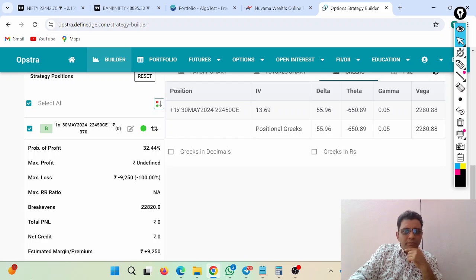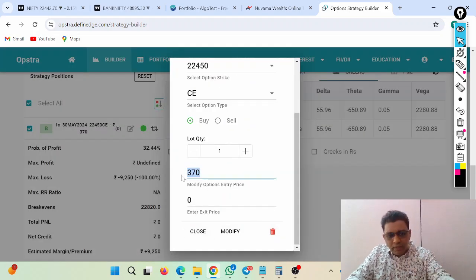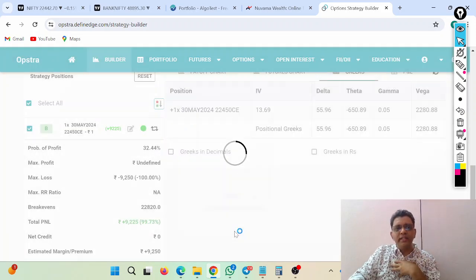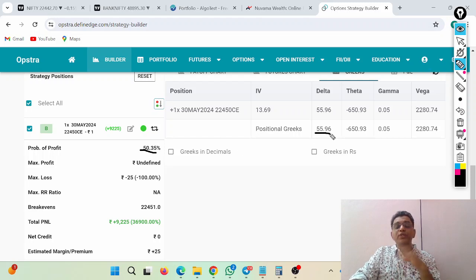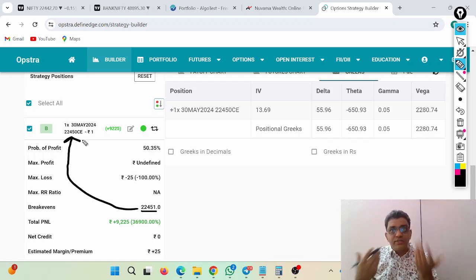Ideally, if I assume that my buying price is only 1 rupee, theoretically, this is not practically possible, I know that, but let's assume that my buying price is only 1 rupee, then you can see my probability of profit and my delta are almost matching to each other. Why? Because my break even has come very near to my spot price, or you can say strike price.